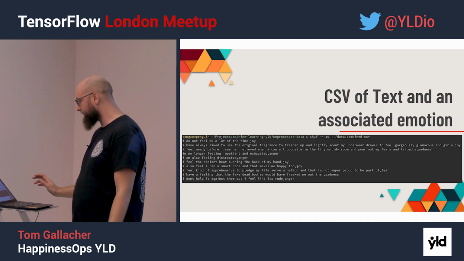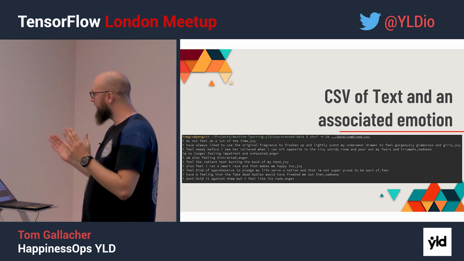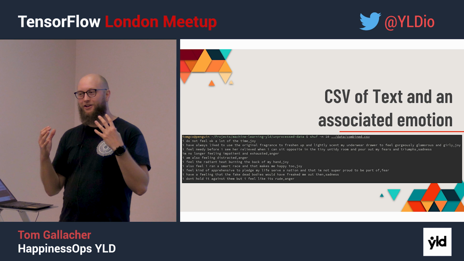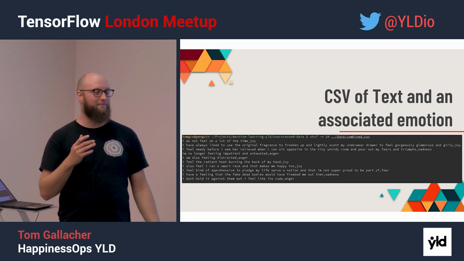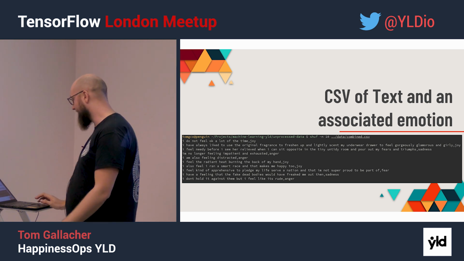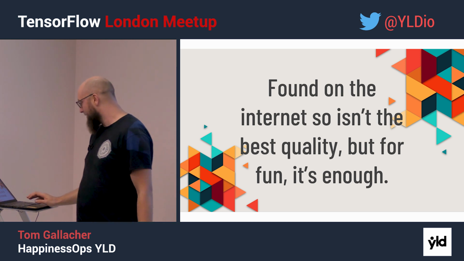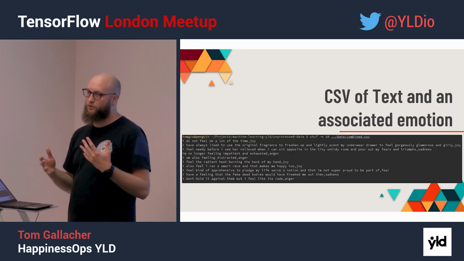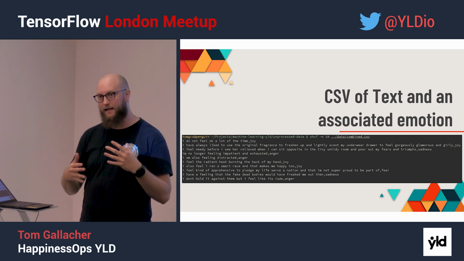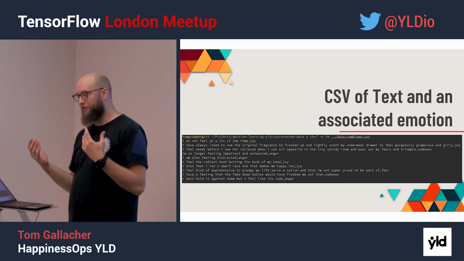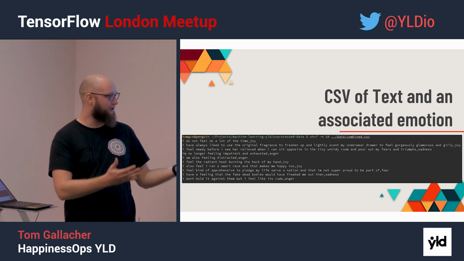So in this case, I did what I usually do. I took some time to make a nice data set, but at the same time, I did just download it off the internet because it's quicker. But I did search for quite a while to try and find tagged data sets of human emotion and how it portrays in textual information.